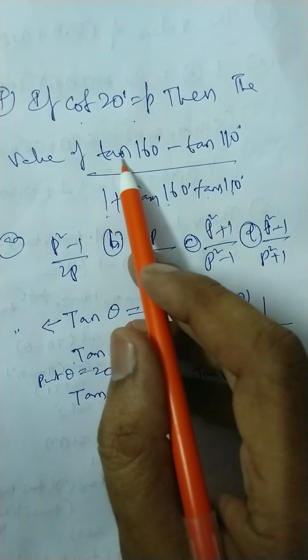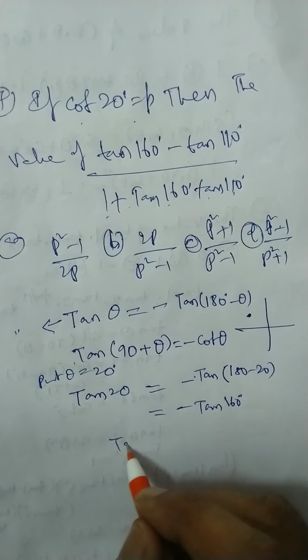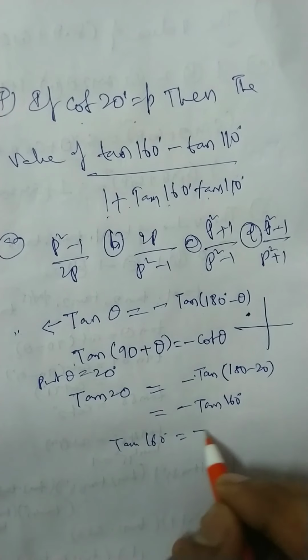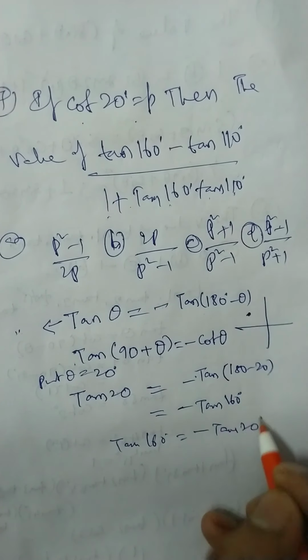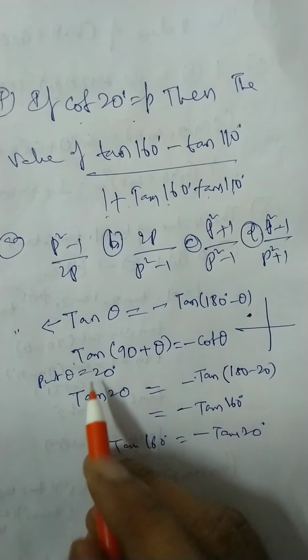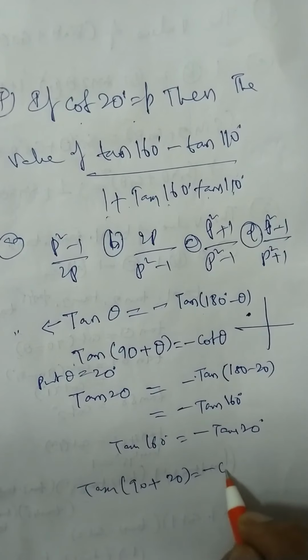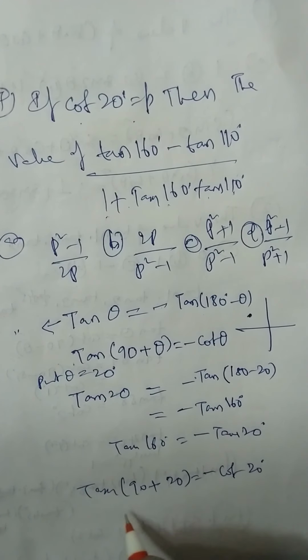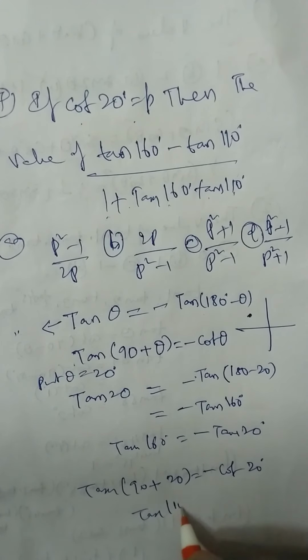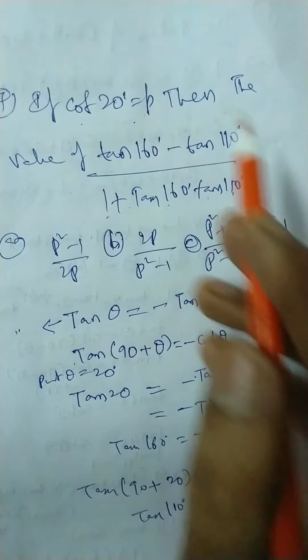That means tan 160 can be written as minus tan 20. Similarly in the second one, substituting theta as 20, tan of (90 plus 20) is minus cot 20. So tan of 110 degrees is equal to minus cot 20. Cot 20 value is already given, which is p.